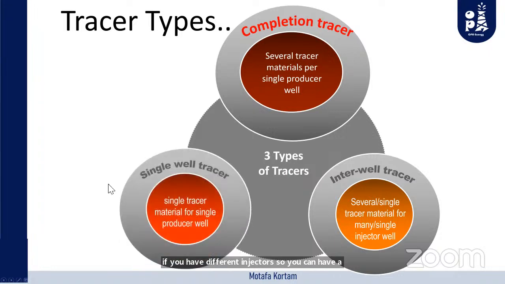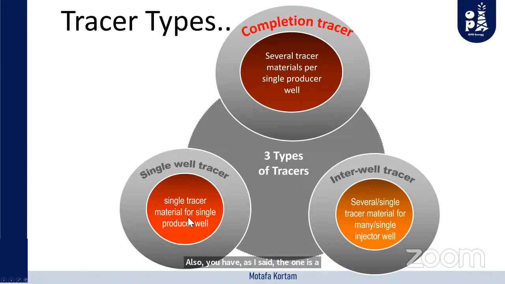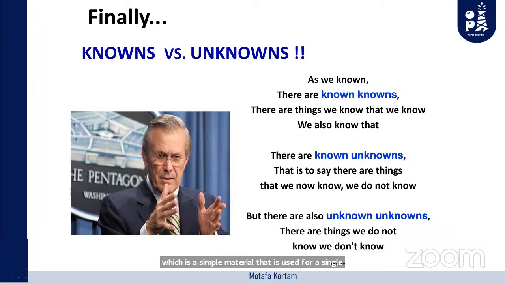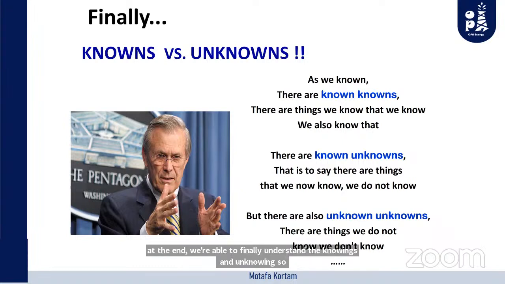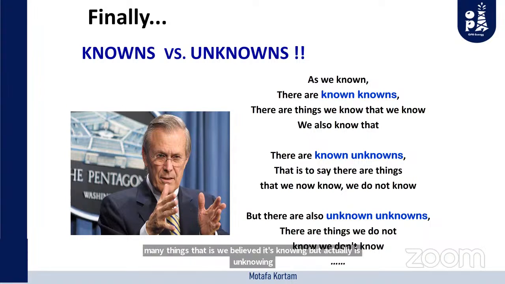The third one is a single well tracer test, which is a single material used for a single producer well. So at the end, we are able to finally understand the knowns and the unknowns. There are many things that we believed were known but are actually unknown, and the opposite is true.